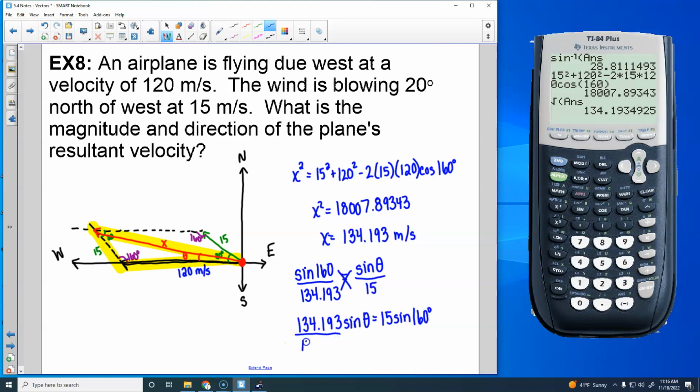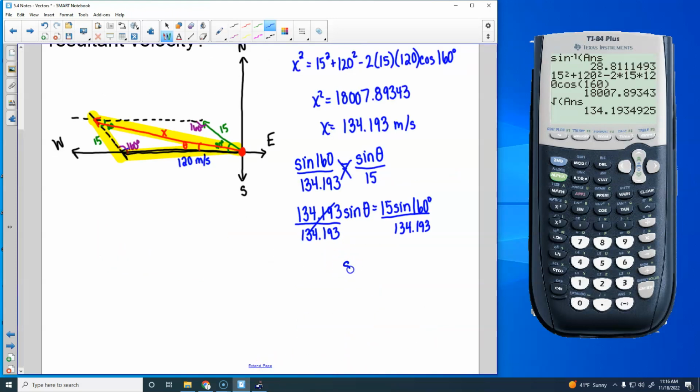We'll divide by the 134.193. So sine of theta is going to equal 15 sine 160 divided by that answer.